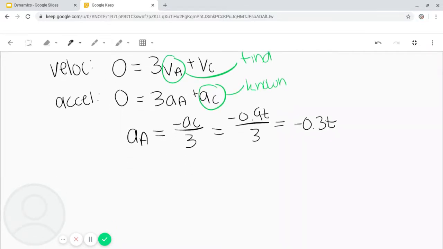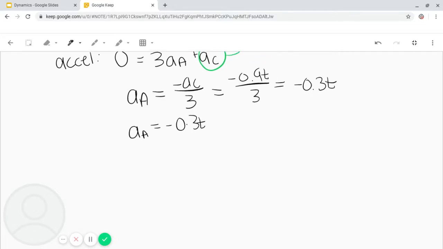So then we want VA. So I'm just going to write this out one more time. So if we want VA, we have to take the integral of this. So I'll do that now.